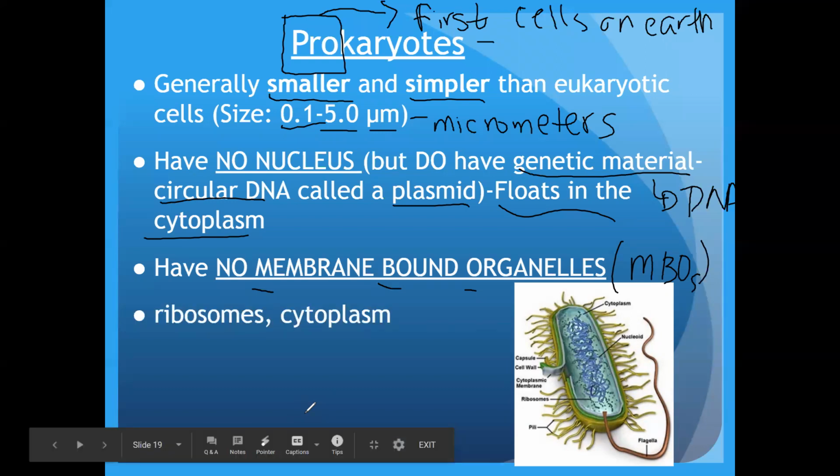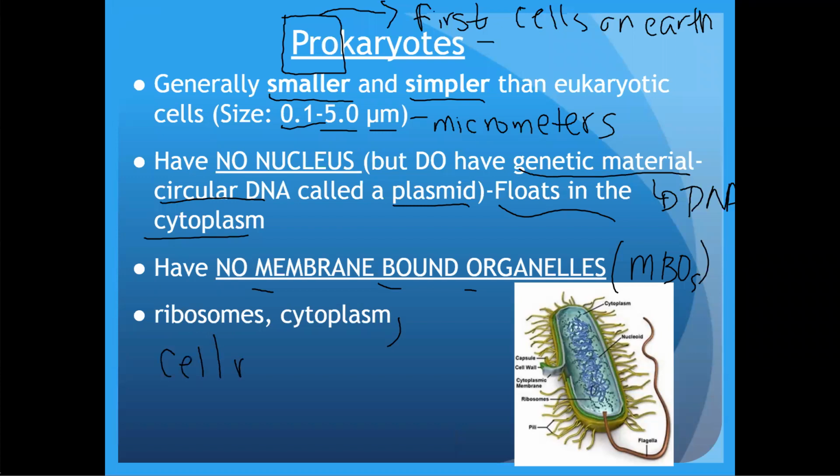All prokaryotes possess are ribosomes, a cytoplasm, a cell wall, and a cell membrane. Okay?